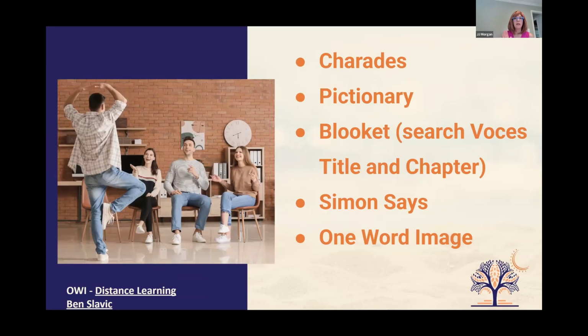So some games that you can use: charades, Pictionary, Look It. We search Voces title and chapter. We have lots and lots and lots, like all of them, all the vocabulary lists in Look It.